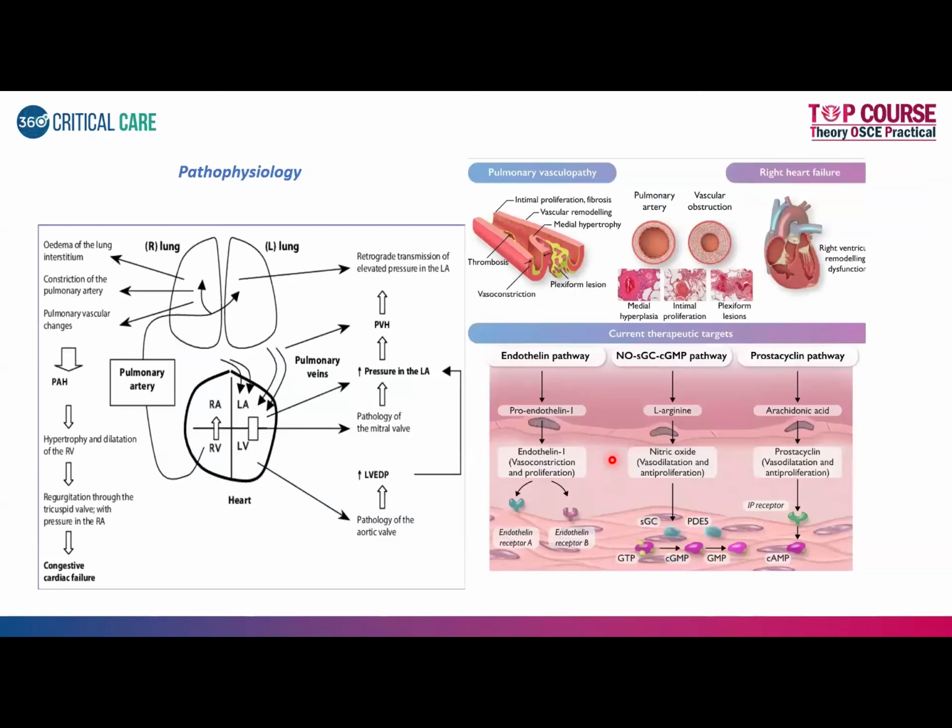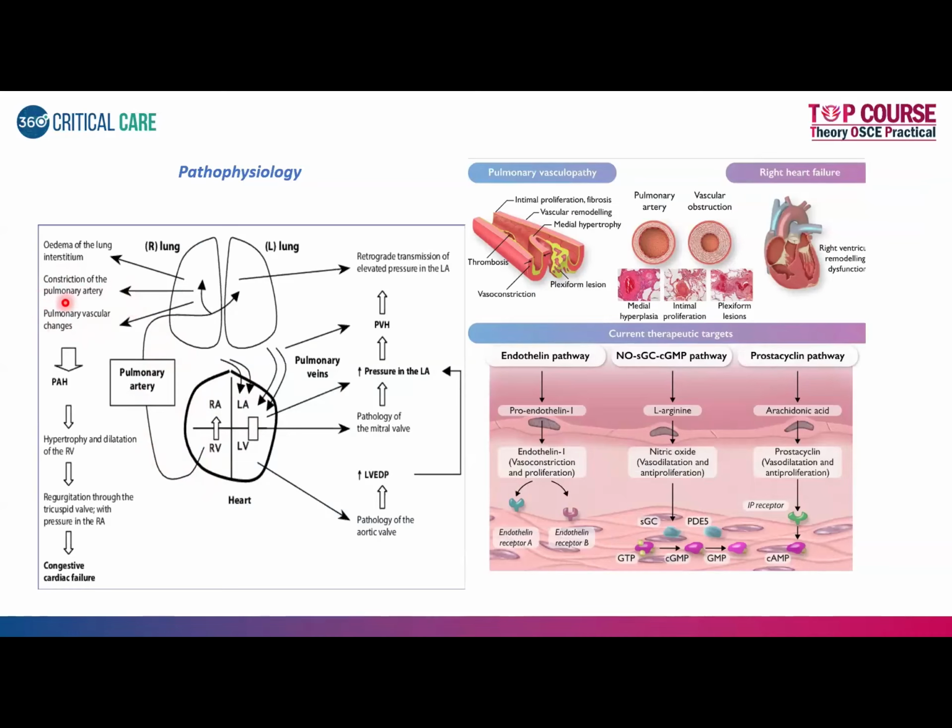Coming to the pathophysiology. So the pathophysiology, there is a pulmonary vasculopathy. Basically we have the right side of the heart, which has the increase in the pressure. So there is an increase in the pressure causing the vascular changes in the pulmonary vessels. So basically pulmonary vasculopathy resulting in hypertrophy, intimal proliferation, fibrosis, thrombosis, vasoconstriction.